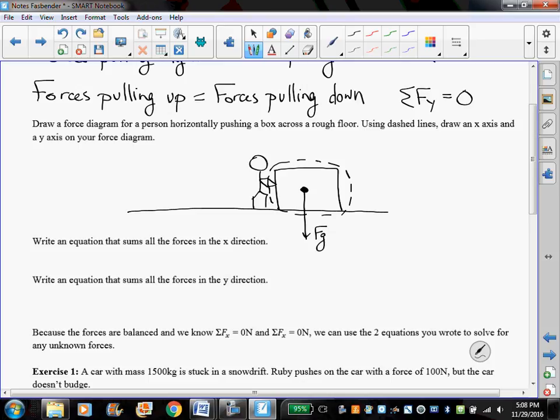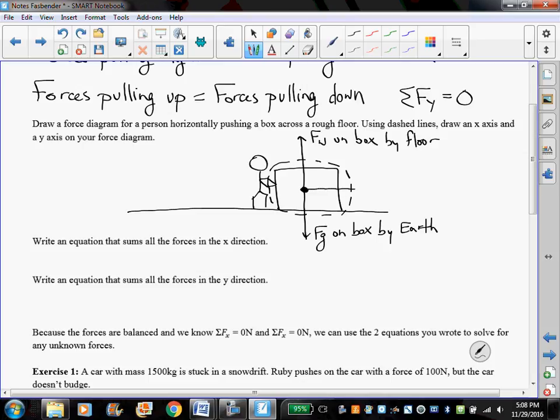So there is a box that has mass, so the force of gravity on the box by the earth. There is the floor, so there is a normal force on the box by the floor.